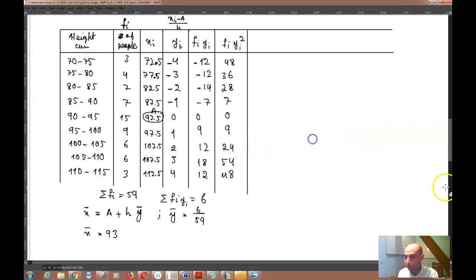Now, what I need to do is calculate sigma f of i y of i squared, which is equal to all of these numbers added together.